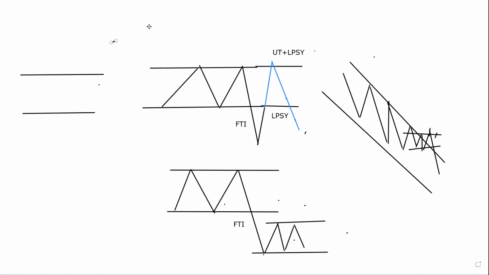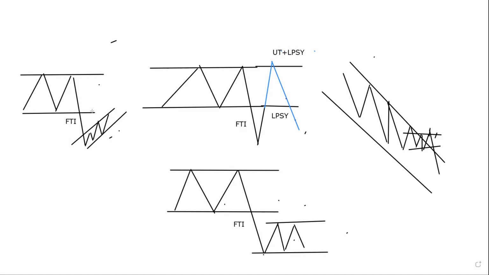Now let's suppose we have here, here, here. This becomes what? FTI. And what does the price do here? Make sense?